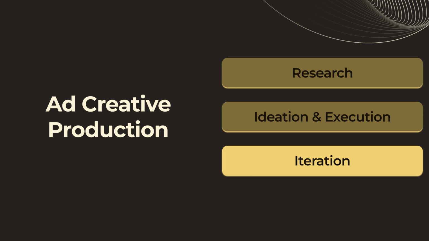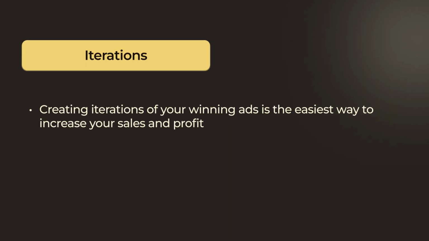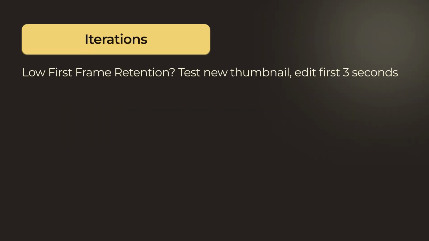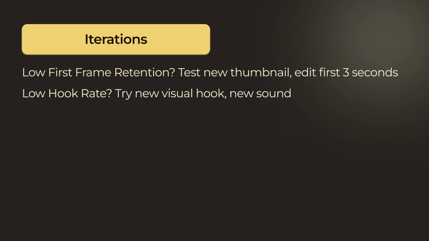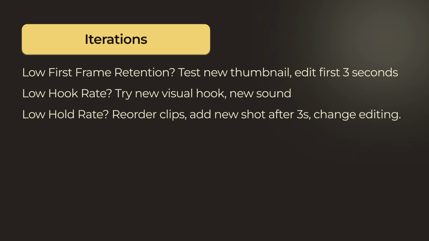Let's dive into iteration. Creating iterations of your winning ads is the easiest way to increase your sales and profit. And here is what you can do. If you have a low first frame retention, you must test a new thumbnail or edit the first 3 seconds. If you have a low hook rate, try different hook or different sound. If you have a low hold rate, reorder clips after the hook, make that shorter, change editing.